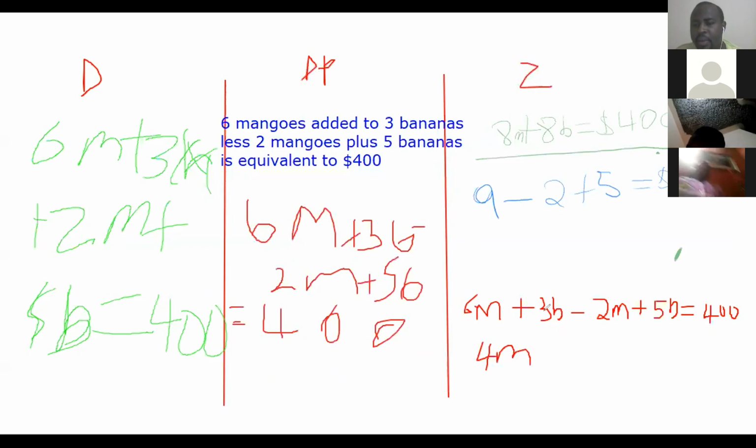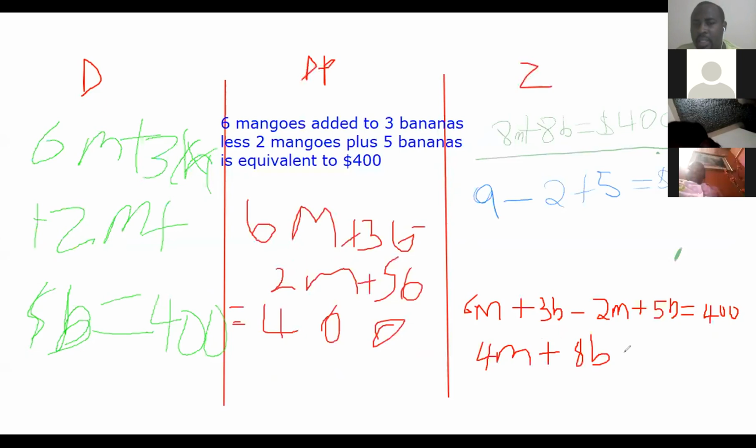And if I had 3 bananas and then I got 5 more bananas, how many bananas do I have? 3 and 5, how many is that? So that's 8 bananas, right?